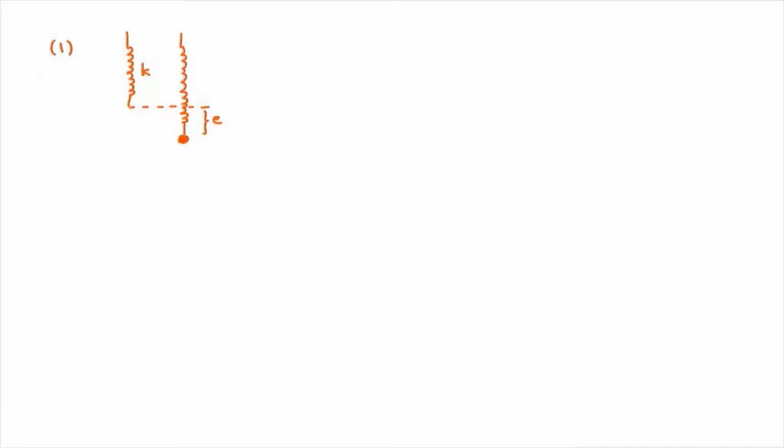So this level is what we call the equilibrium level. The vertical simple harmonic oscillations happen about this level. So that's our equilibrium level.